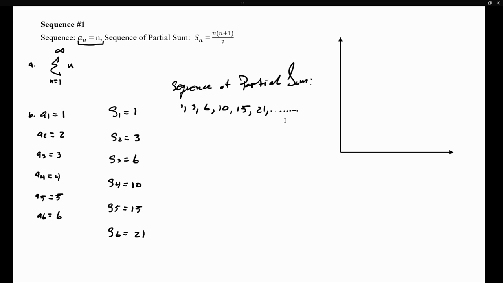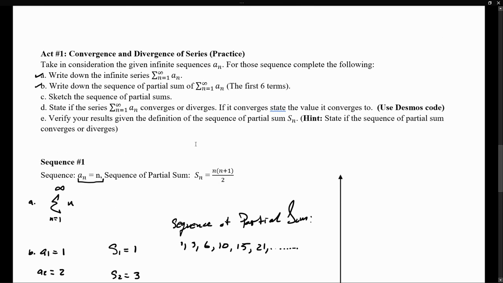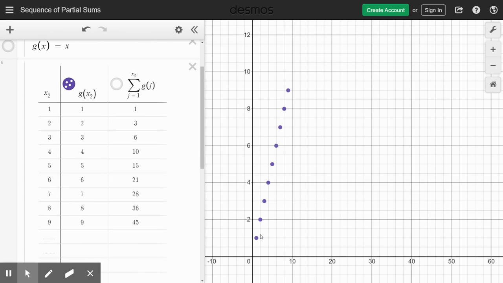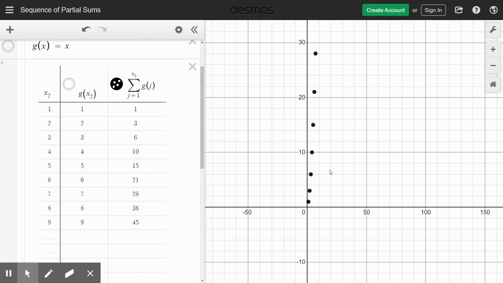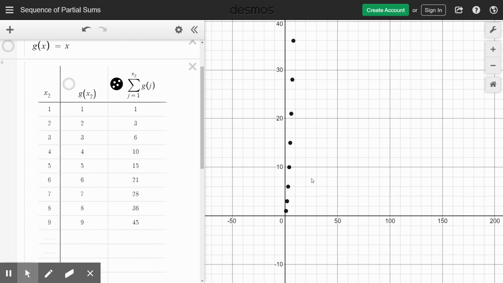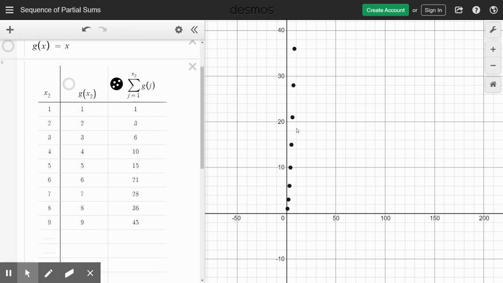Okay. So now that we know the sequence of the partial sums, which is what we wanted to do here, we want to sketch the sequence of the partial sums. Here we had our sequence itself, but that's not what we want to graph. We want to graph the partial sums. But what do we notice here? Well, we zoom out, and I'm not going to graph it here because we do have the graph.